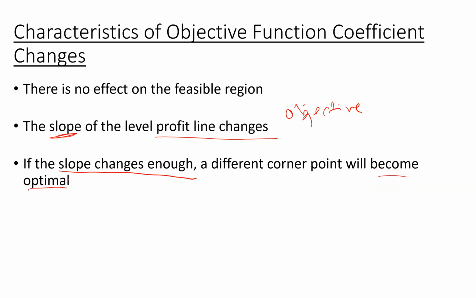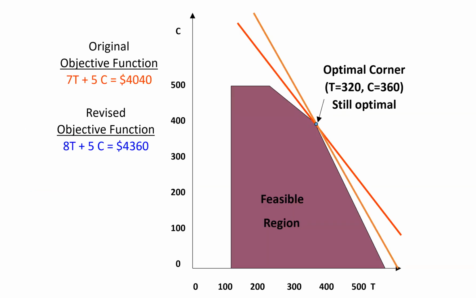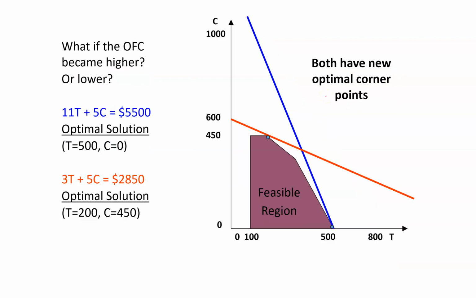If the slope changes out of the optimality range, then a different corner point will become optimal. This is another example. This is the original optimal. When you change it out of the optimal range, another corner point will become the optimal solution.